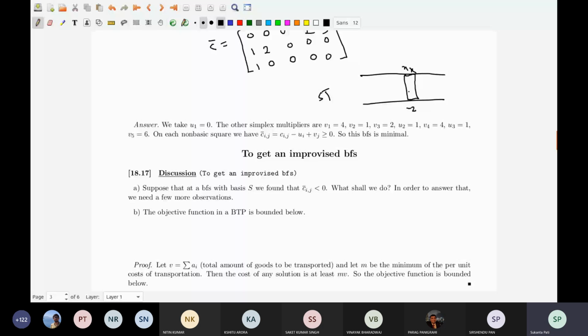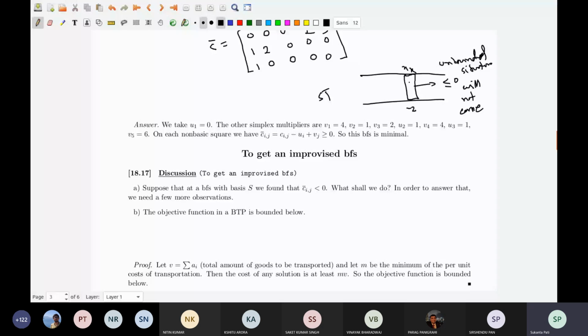Therefore, such a situation will not come, that all these entries are less than or equal to 0, that is the unbounded situation. That means you will always find some entries over here which are positive.